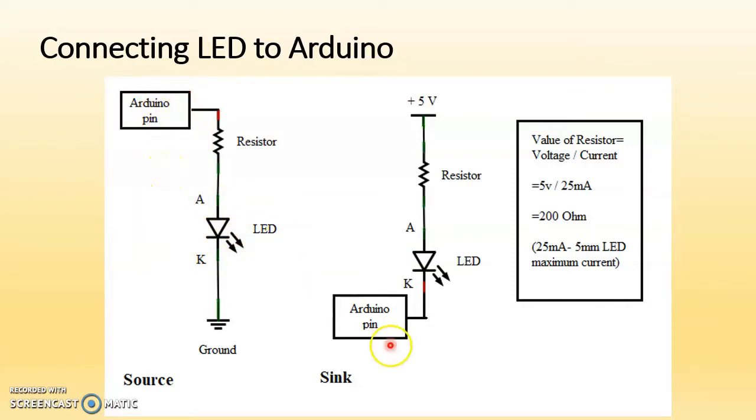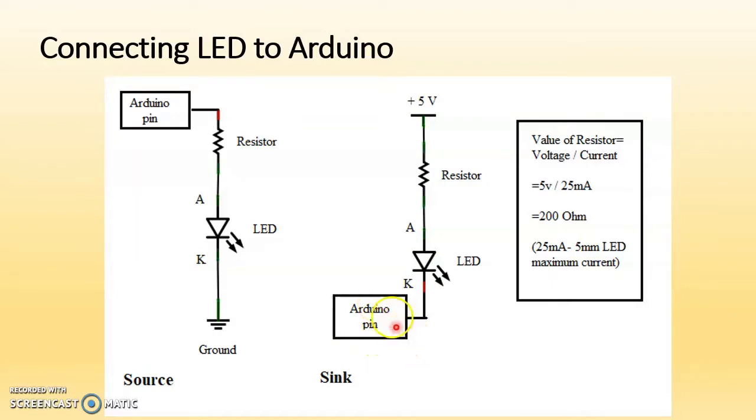In another method called the sink method, an external plus 5 volt supply is required to glow this LED. In this method, the anode of this LED is connected to the external plus 5 volt supply with the help of a current limiting resistor, and the cathode of this LED is connected to the Arduino pin.